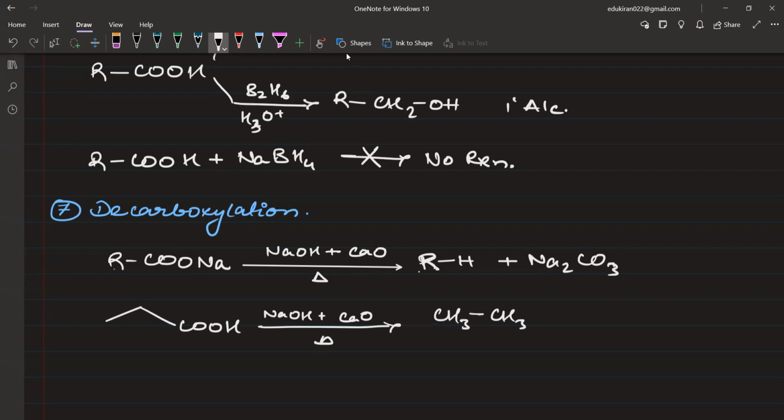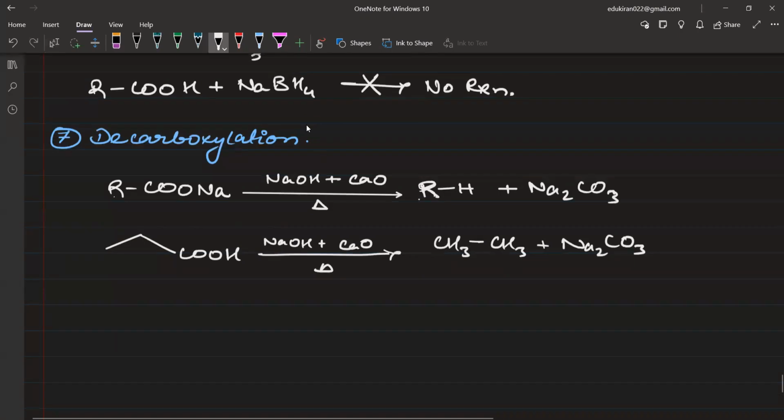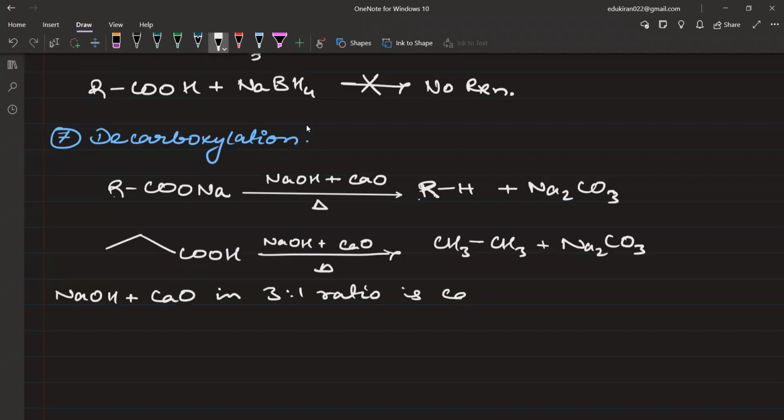This carboxylic acid will be decarboxylated. Right here, NaOH plus CaO in 3:1 ratio is called soda lime.